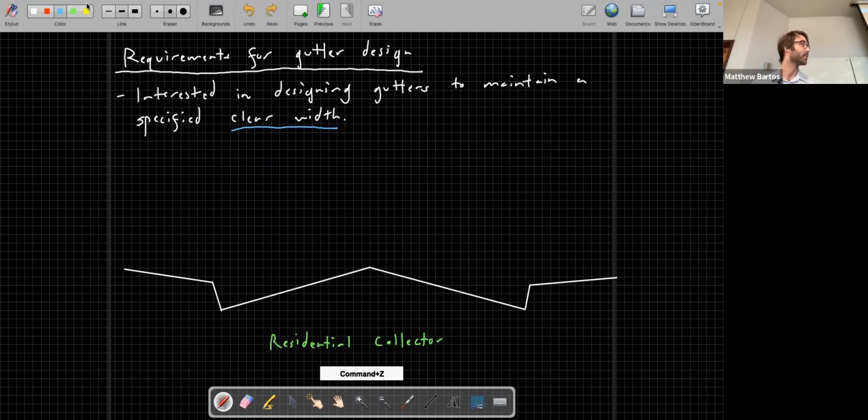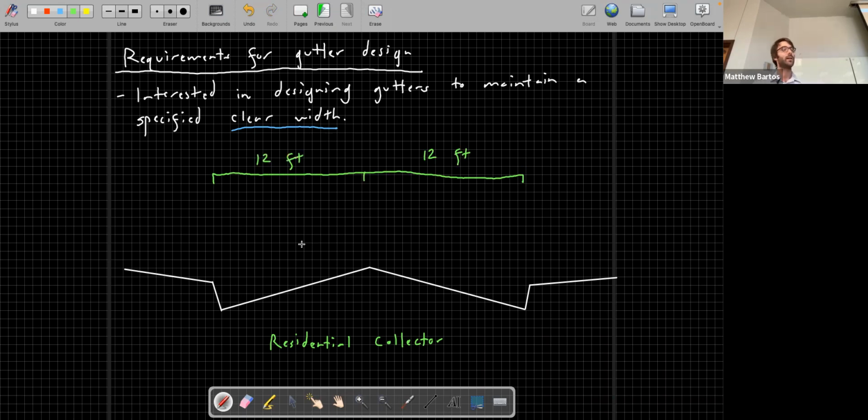Actually, let me draw this one in green here. So the width of the roadway is 24 feet and we have 12 feet on each side. And when water falls into our roadway, it'll collect along the sides here. So you might get something like this, you get water coming out onto the road.